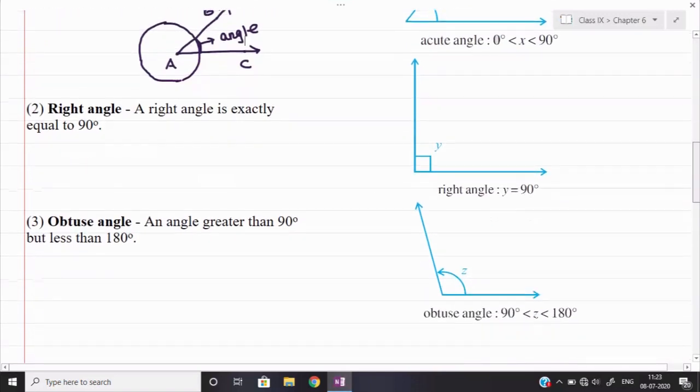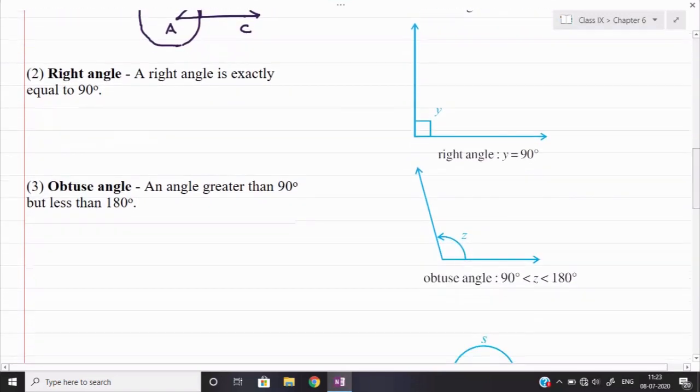Right angle. If the value of any angle is equal to 90 degrees, then it is called a right angle. Third one, obtuse angle. An obtuse angle is an angle whose value is more than 90 degrees but less than 180 degrees, meaning its value will be between 90 and 180. This is your obtuse angle.